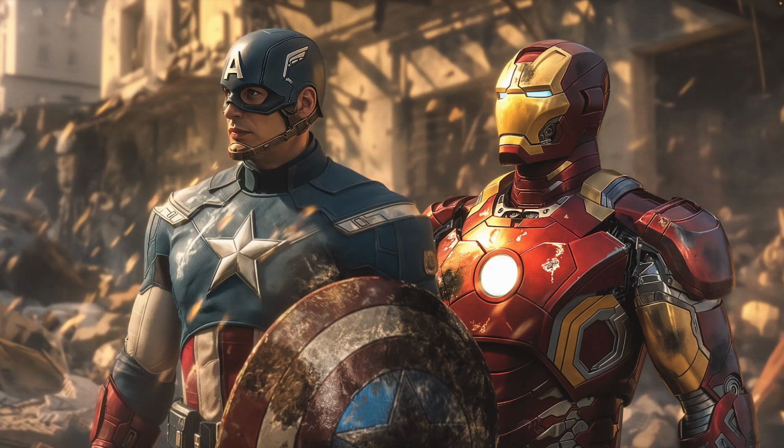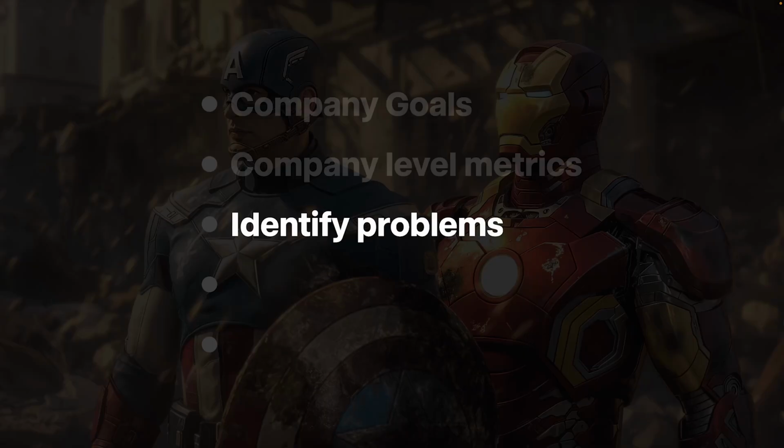Then you have Captain America, Hulk and Iron Man. If you've seen all of the movies, these are the guys who are closely talking with Nick Fury and defining how to achieve these goals. They are the ones coming up with a roadmap, with a plan. They decide the strategy, right? So these guys are basically like the product managers in your company and they're primarily responsible for identifying problems.